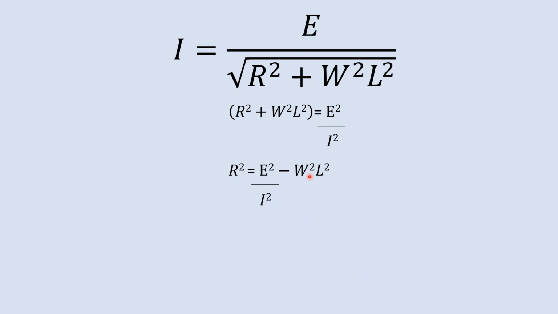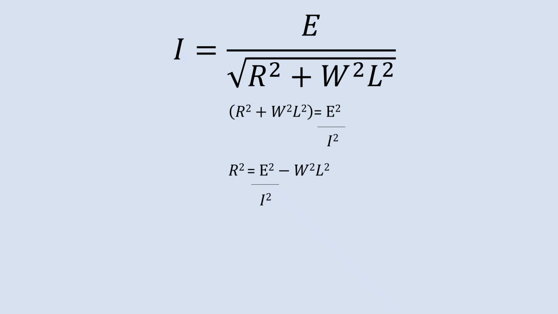There is nothing that has changed much there. W squared L squared has just crossed the equal sign and changed the sign to minus. If the question had not told us to leave it in its simplest form, we would just leave it like that.